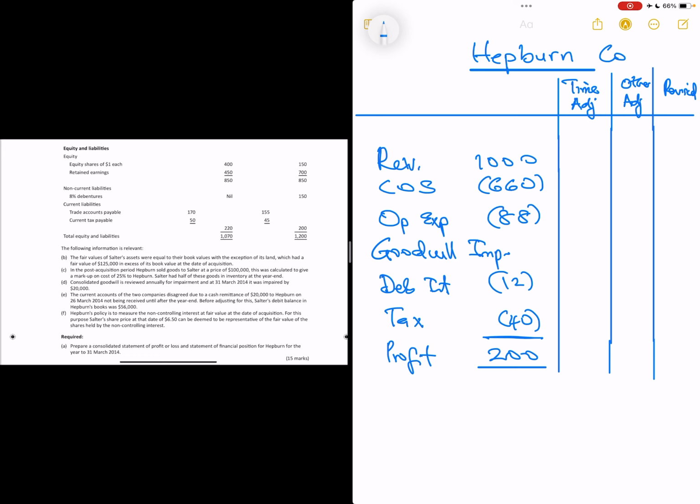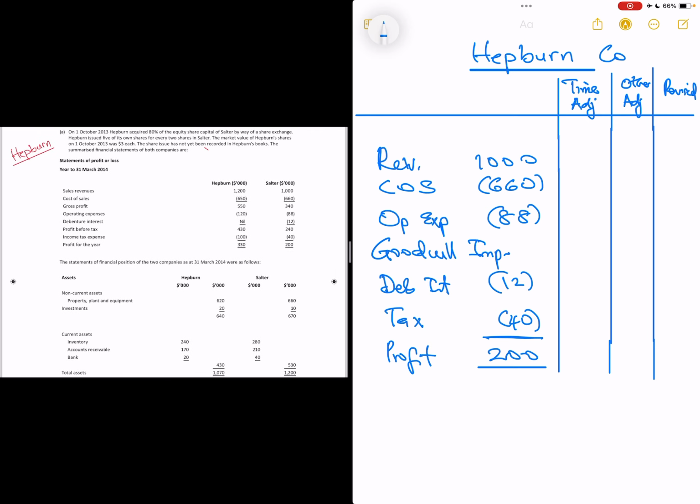The acquisition was 1st of October 2013 and the year end is 31st of March 2014. So that is October, November, December, January, February, March. That's 6 months before the year end. In that case, we will need to adjust for time difference, which means we're only going to consolidate 6 months of the subsidiary figure.